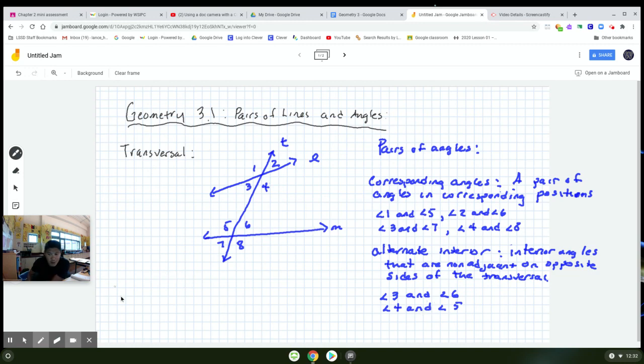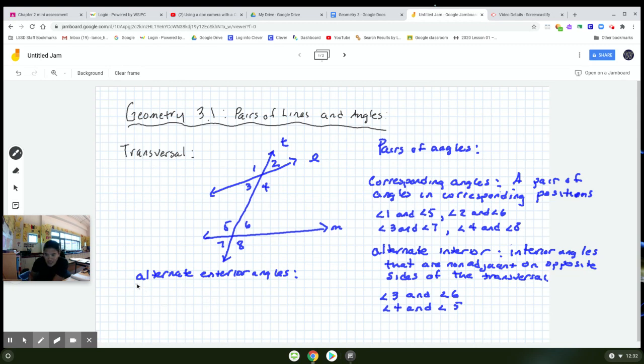So similar to alternate interior angles, in that diagram, there are pairs of alternate exterior angles. I could take almost the exact same definition for alternate interior angles, except change interior angles to exterior angles. Exterior angles that are non-adjacent on opposite sides of the transversal.